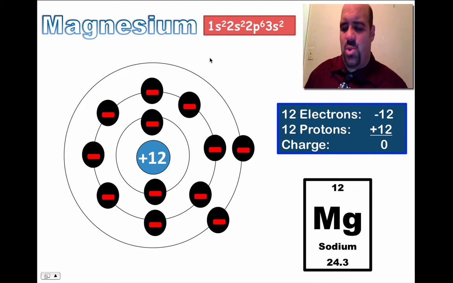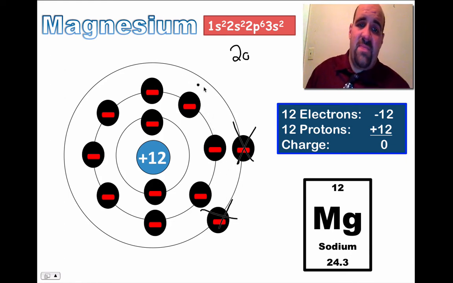And now let's look at another example, magnesium. Magnesium is in column 2A in the periodic table. Now you might say, well, magnesium can gain 6 electrons. Again, with this level of shielding and this pull of the nucleus, it's not really going to gain 6 electrons. It's going to be much easier to lose 2 electrons. If it loses 2 electrons, this energy level is going to be completely gone.